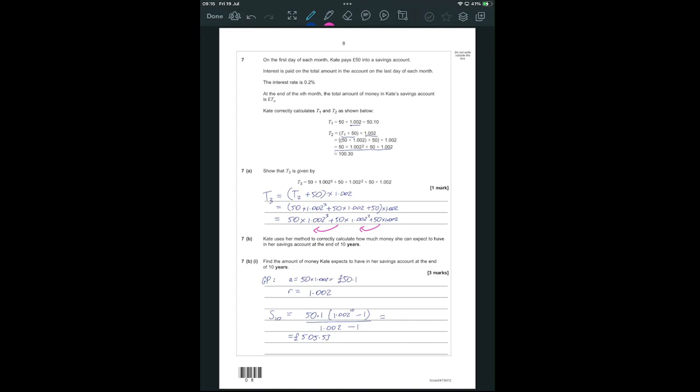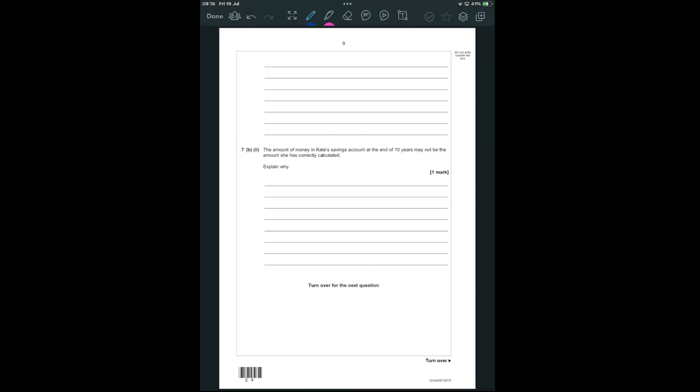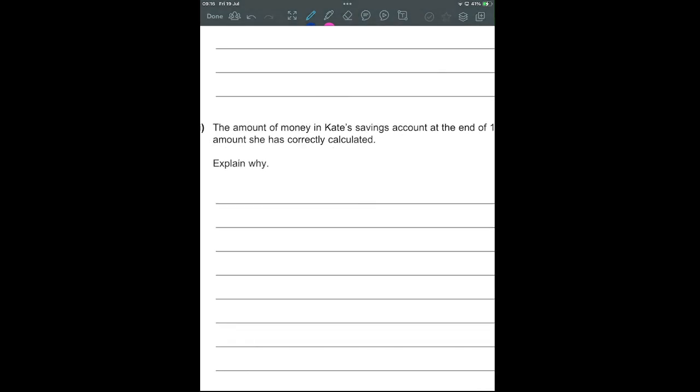Now, it doesn't explicitly say that the interest rate is per... Oh, it is. It does say per month. Maybe the most common way that this could be is by rounding. At the end of every month, it's calculated and then rounded, whereas we've used the exact value at the end of every month.